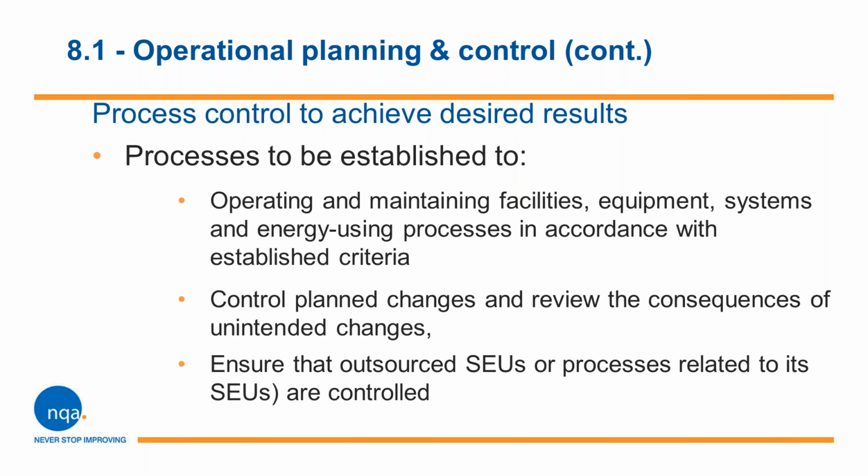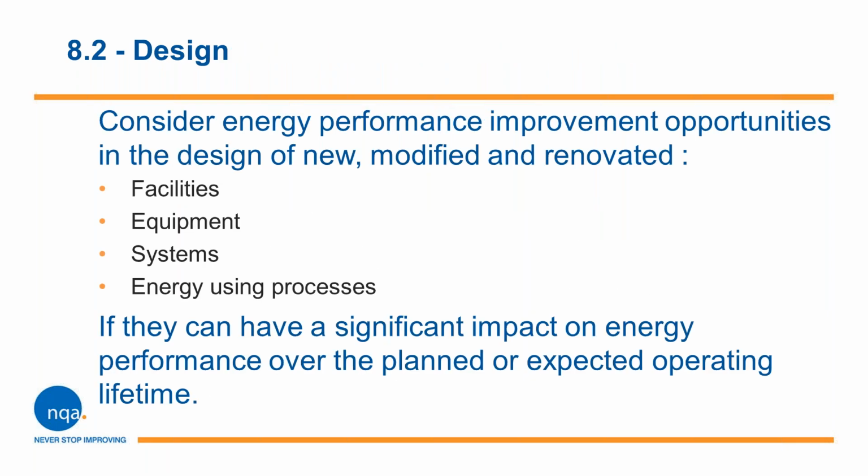They've got that many forklift trucks that actually the company who run the forklift trucks actually have an employee based in the warehouse at all times doing that job. And that is an outsourced process. And obviously that person is still using energy within the business, so that's what we mean by making sure that those processes are controlled. A couple of clauses that haven't changed.